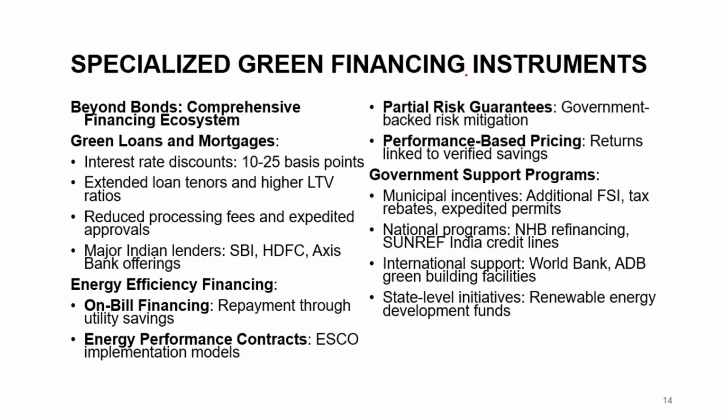So we have green loans and mortgages offering interest rate discount of 10 to 25 basis points, extended loan tenures and higher LTV ratios, reduced processing fees and expedited approvals. Major Indian lenders include SBI, HDFC, Axis Bank.